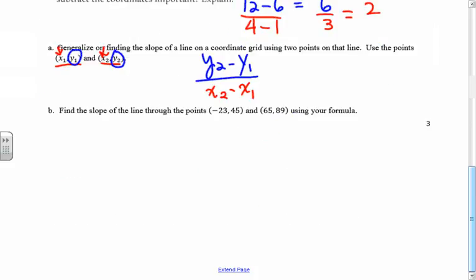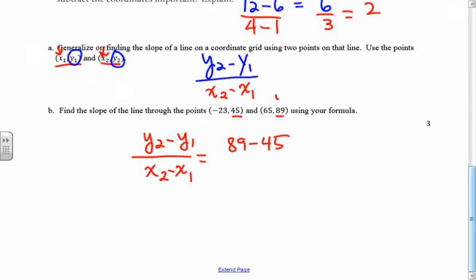And we're going to do that right now here. If you want to go ahead and try this on your own, you could just pause. Basically, I'm going to take my y coordinates to find the rise, my x coordinates to find the run. My y coordinates are these two, 89 and 45. And actually, it doesn't matter which way you subtract it.